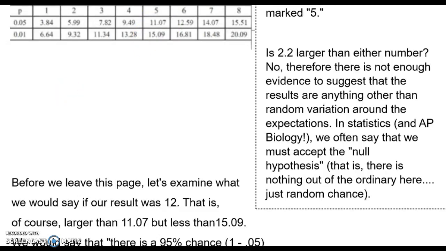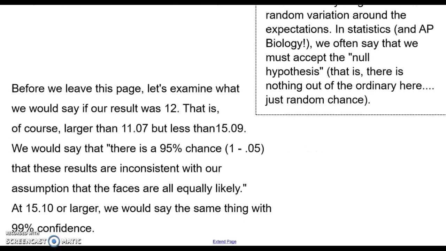So then we would say that there's a 95% chance, that's 1 minus 0.05, that these results are inconsistent with our assumption that the faces are all equally likely, okay? If the number was larger than 15.1, we would say the same thing, but with 99% confidence. Another way of saying that is that we would reject the null hypothesis and suspect that something other than what we were assuming was correct.